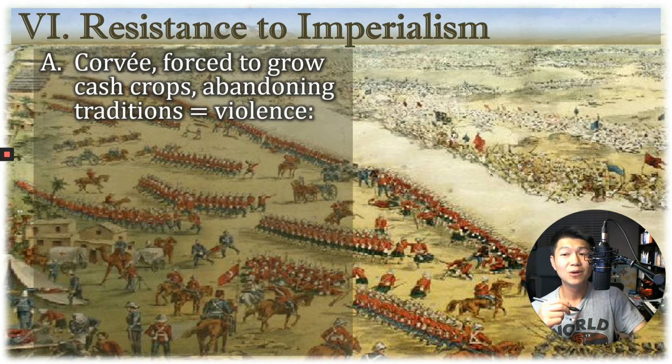So frequently, because African groups were forced to grow cash crops and therefore abandoning traditional villages and traditional labor practices, agricultural practices, many will resist. And they're going to resist violently.